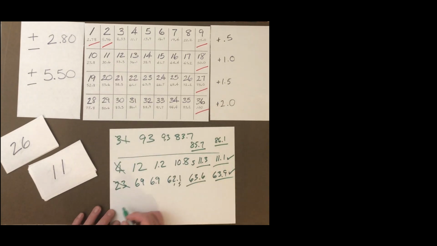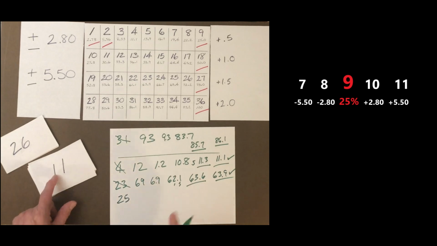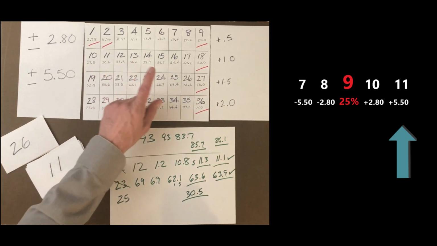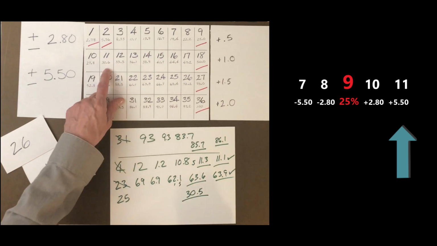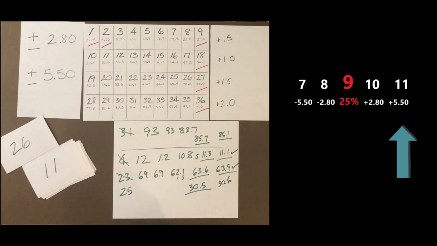11. 9 is one of our easy ones. We know that's 25%. We're 2 more, so we're going to add our 5.5, so that becomes 30.5. Actually the number for 11 is 30.6. Pretty easy.